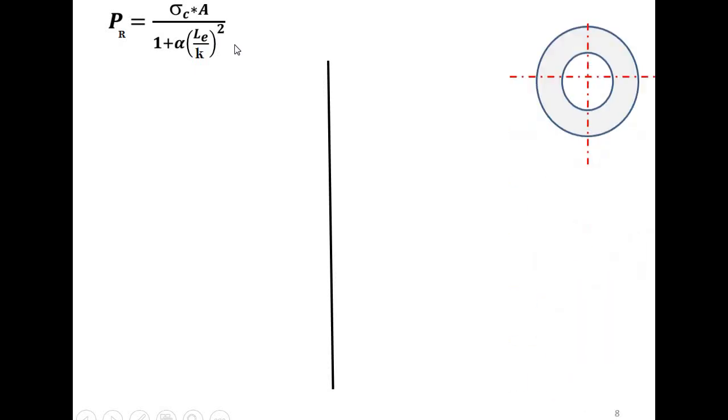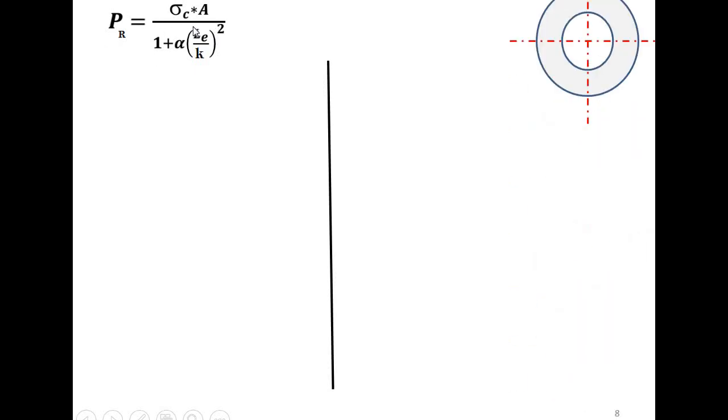So to calculate the Rankine load, we need to calculate the value of K. Sigma C is given, the value of A we already calculated, alpha is given, and the value of LE we also calculated during the calculations of Euler's load. Just we need to calculate the value of K.